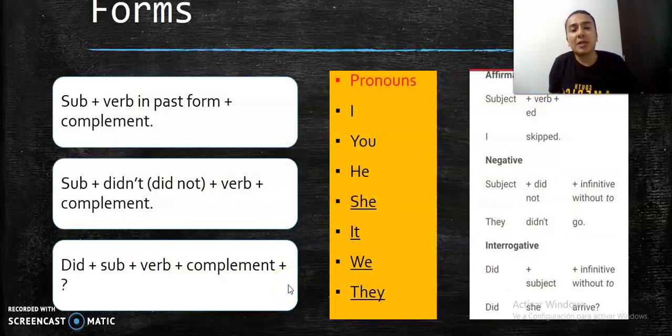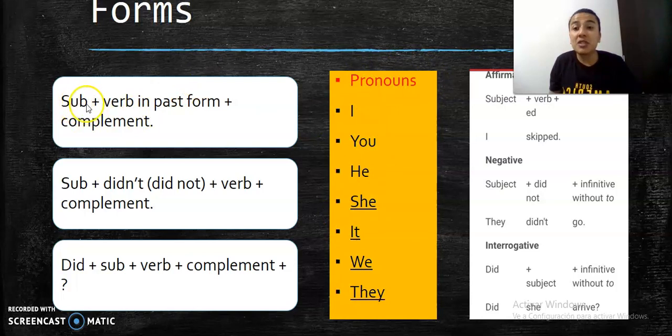Now, the forms. We have three different forms for each of the tenses. Right here we have the forms of the past simple. So we have affirmative, negative, and interrogative, which is actually the same as the question form. So it's very important for you to memorize that when I say subject, my intention is to tell you the pronouns, okay?